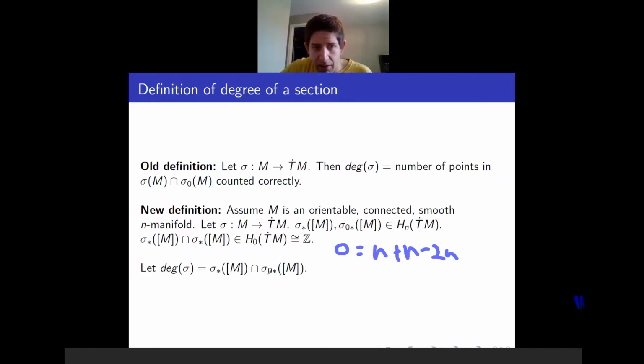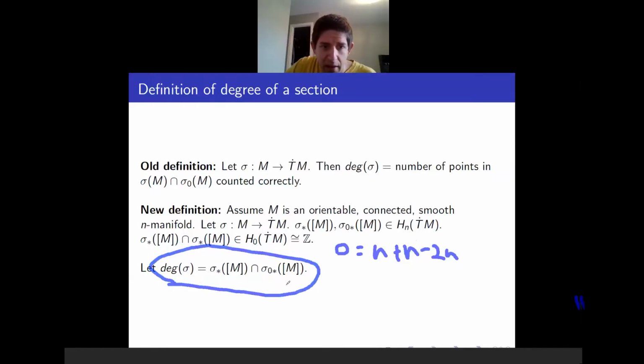And then in the case that sigma and sigma 0 intersect generically, you can use the geometric description of the intersection product. But by definition, this product is a completely rigorous thing, because if you believe cup product exists and you believe in Poincaré duality, then this definition makes sense.